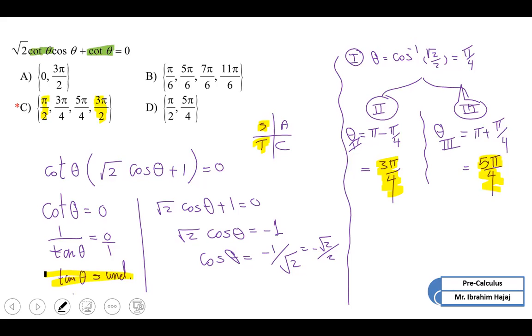Since tan theta is undefined, we have vertical asymptotes at pi over 2, 3 pi over 2, 5 pi over 2, and so on. As when we graphed tan and cotan, we always have vertical asymptotes at pi over 2 and 3 pi over 2. Since the first branch of our question was undefined, theta is undefined at pi over 2 and 3 pi over 2, which lie between 0 and 2 pi.